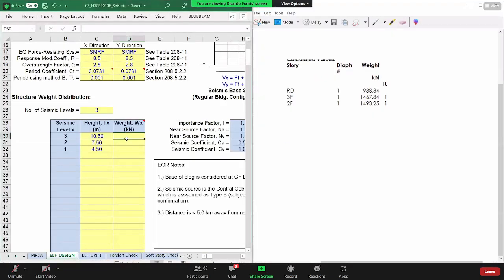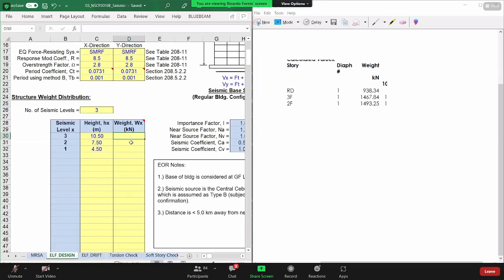ang akong seismic weight or seismic mass, by the way, don't be confused with weight and mass. Ang seismic mass, that's the technical term, but since we are calculating for the force in terms of kilonewton, ang atong i-input is still in kilonewton nga value.